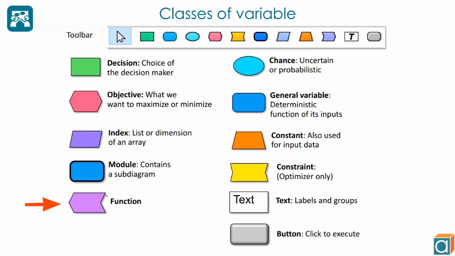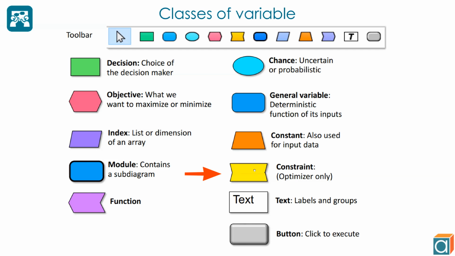There's also this shape that we use for user-defined functions. If you need something very custom, some sort of calculation or operation you're going to be repeating over and over again, you can create your own function. When we get to optimization models using linear programming or network programming or integer programming, where we're doing true optimization that's using a solver engine, we have the ability to add these new objects called constraints.